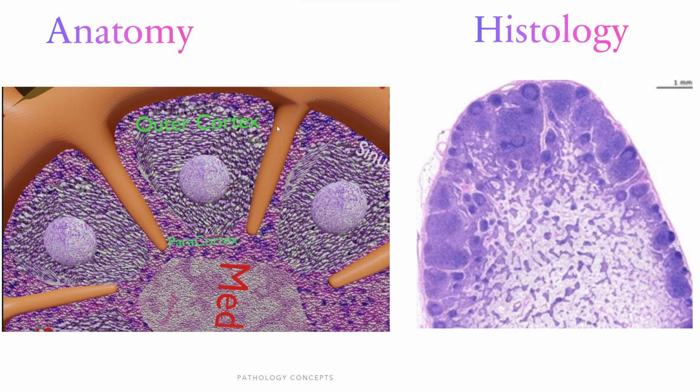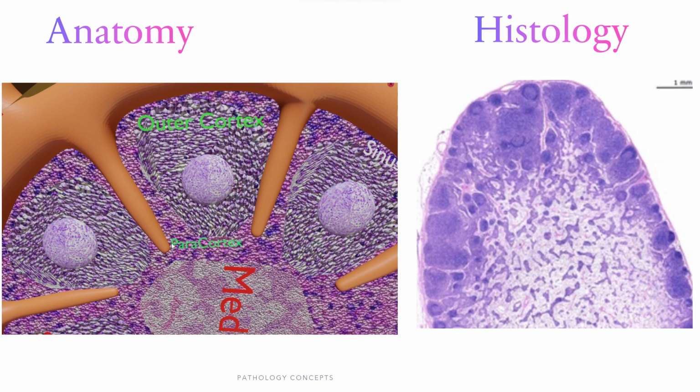The outer cortex is mainly composed of B lymphocytes and the paracortex is composed of T lymphocytes. Let's learn histology together. The cortex is made up of subcapsular sinus, cortical sinus and lymph nodules. Although both T cells and B cells are present in the cortex, B cells are more abundant than T cells in this region.